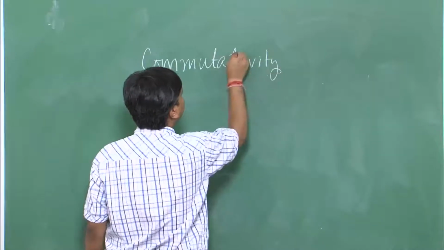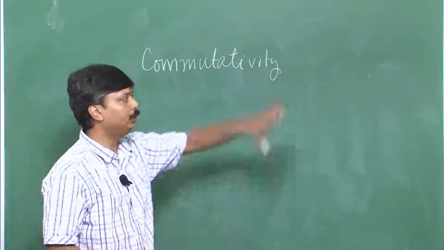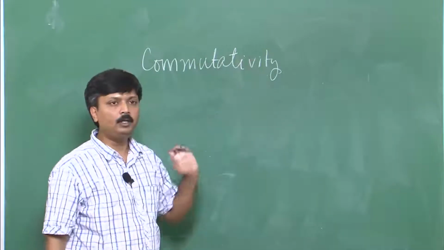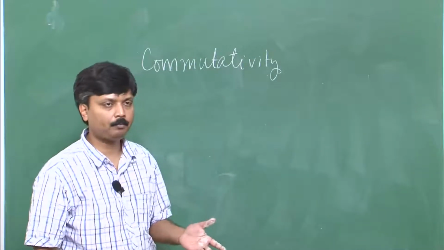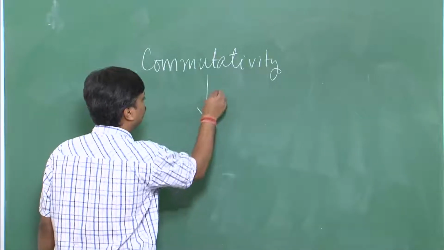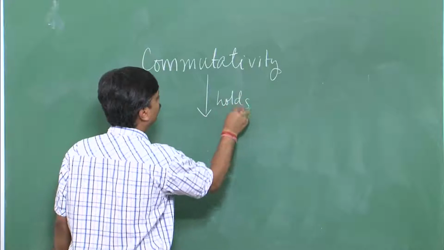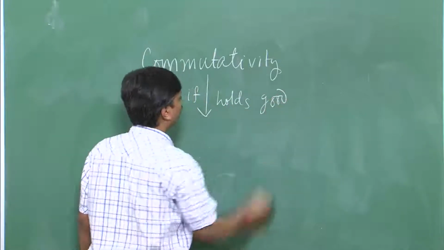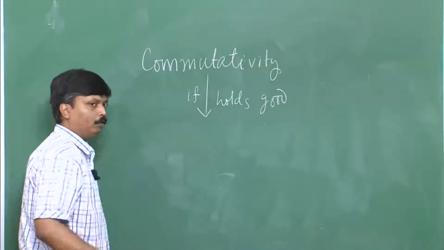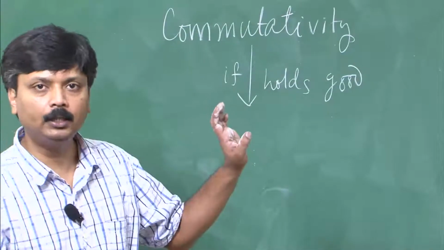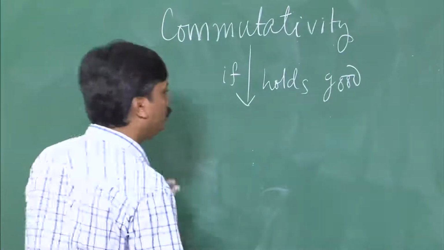So, additionally, if the elements which follow all these rules also follow the rule of commutativity, then obviously that will be a group because they have already satisfied all the conditions for being called a group.